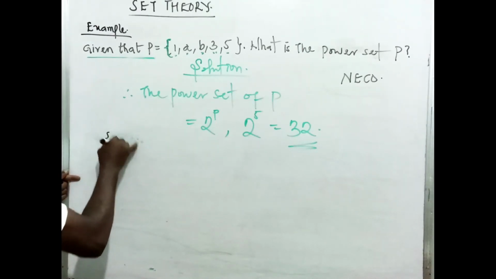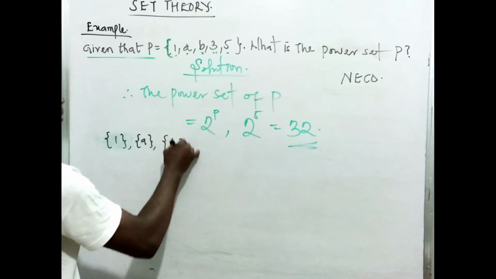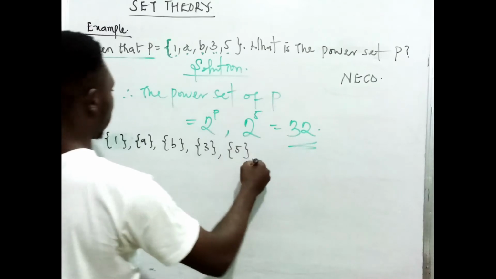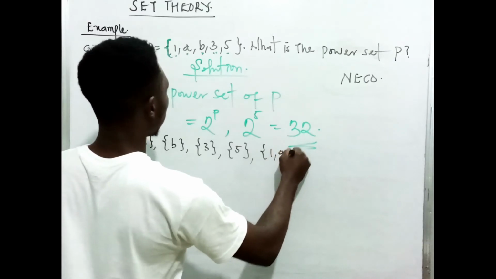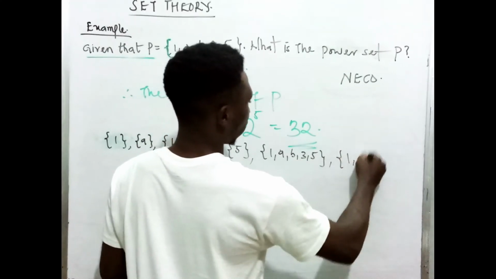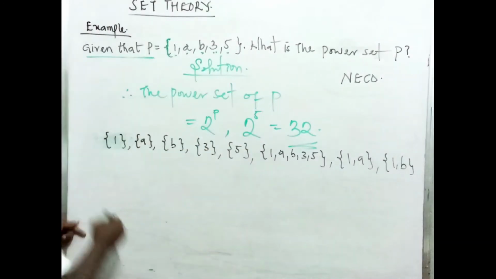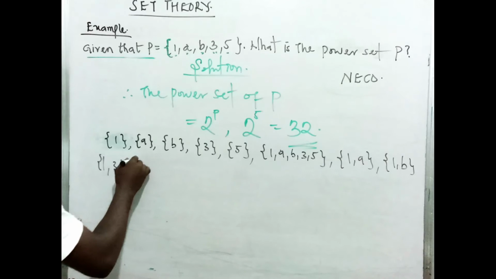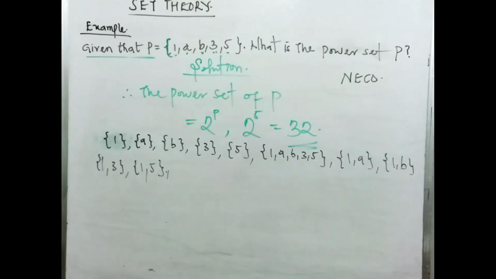You have 1, you have A, you have B, you have 3, you have 5, you have {1, A, B, 3, 5}, you have {1, A}, you have {1, 3}, you have {1, 5}. So this is how we're going to be having them.